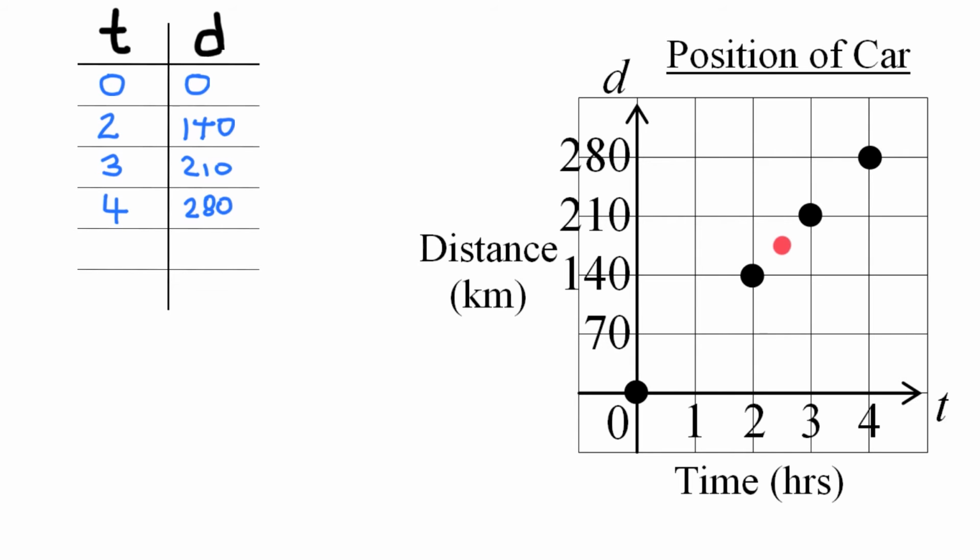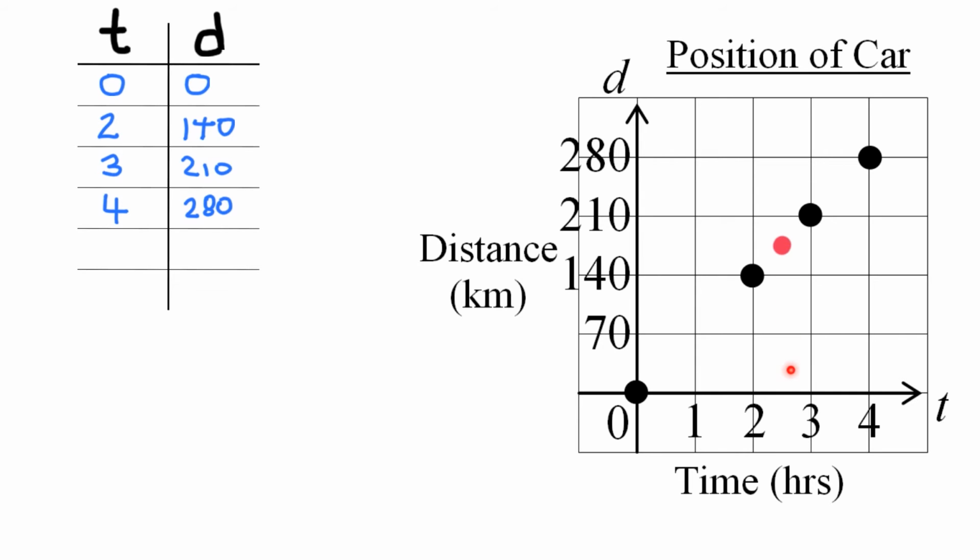Let's look at this example. Here we would have 2 hours and 3 hours. Let's say this is 2.5. Is it possible to have 2.5 hours? Yes. So it's not the same thing as a pen. We could have 2.5 hours. We could have 3.1 hours. It's possible to have values in between whole numbers.